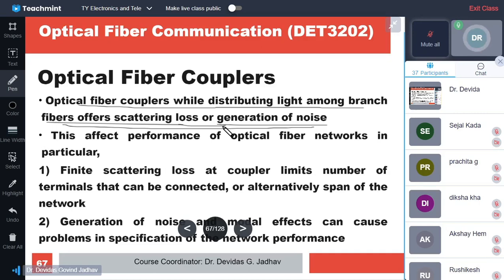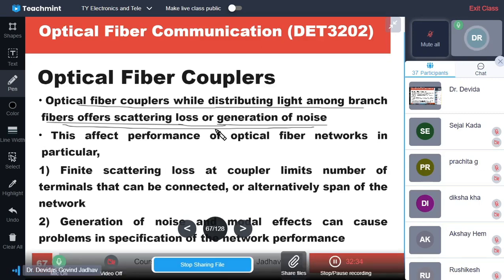As one fiber is coupled to multiple fibers, there is inhomogeneity in making this junction, fusing and connecting, or maybe mechanically coupling. So a one-fiber to multiple-fiber joint will have inhomogeneity at that junction, isn't it? And inhomogeneity is always scattering the light, and that will generate noise also.